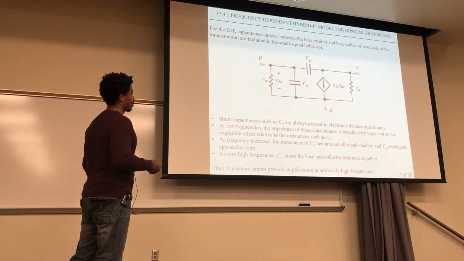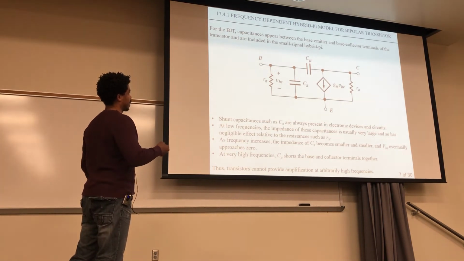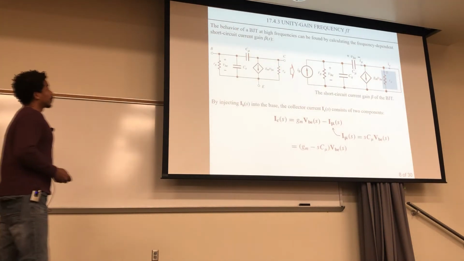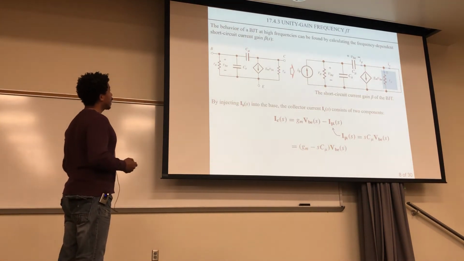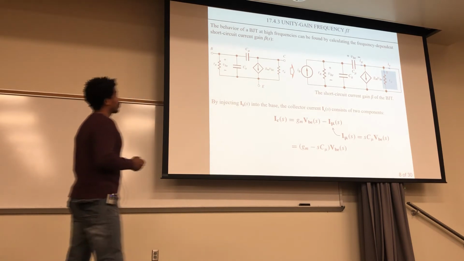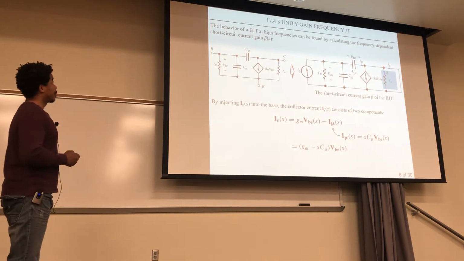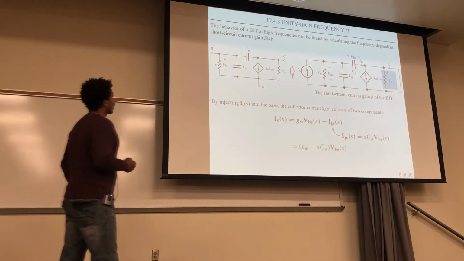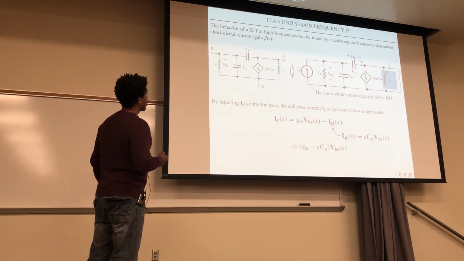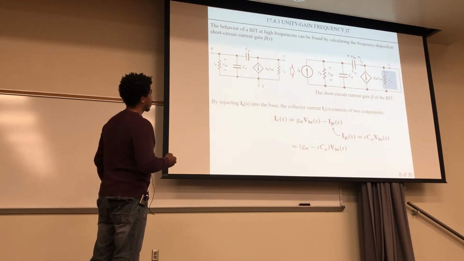Okay, so let's now look at unity gain, FT. The behavior of a BJT at high frequency can be found by calculating the frequency-dependent short circuit current gain, beta of s. We're taking this and converting it to this. So this is the short circuit current gain beta of the BJT, and here's the short.